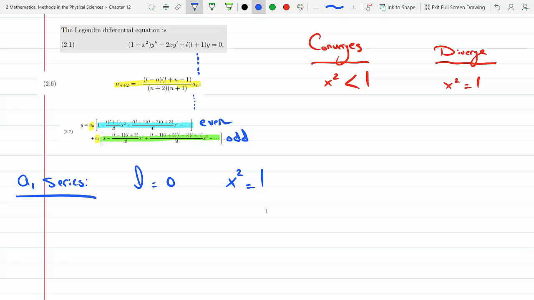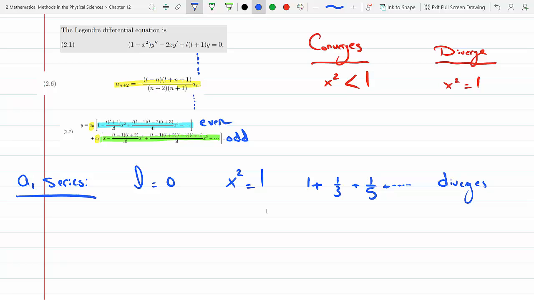So yeah, you would get 1 plus 1/3 plus 1/5 plus etc. Okay, now if you were to apply the integral test on this, it diverges. So the a1 series for L equals 0 diverges.